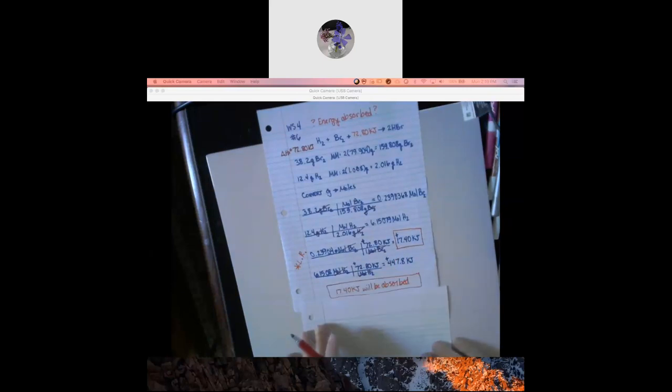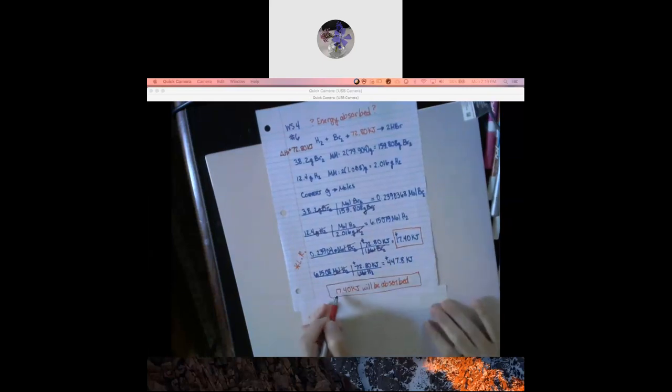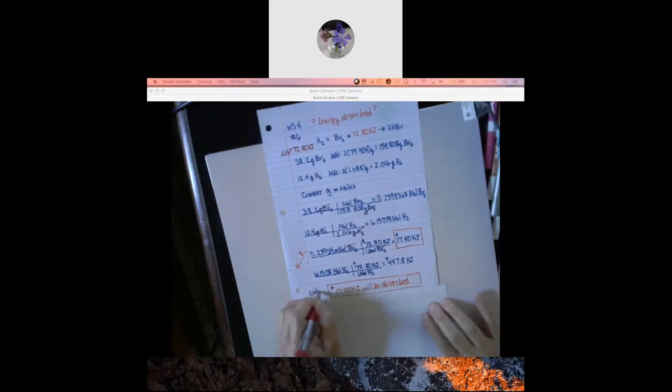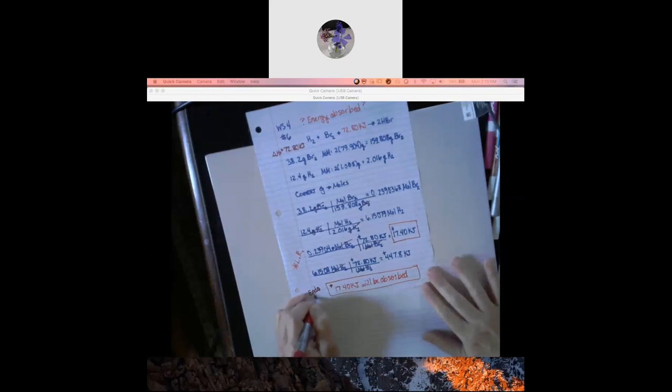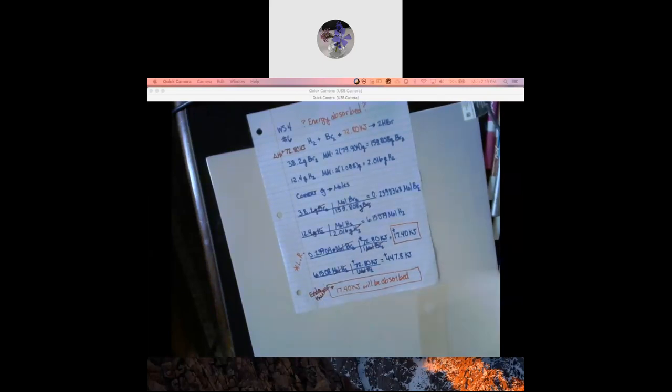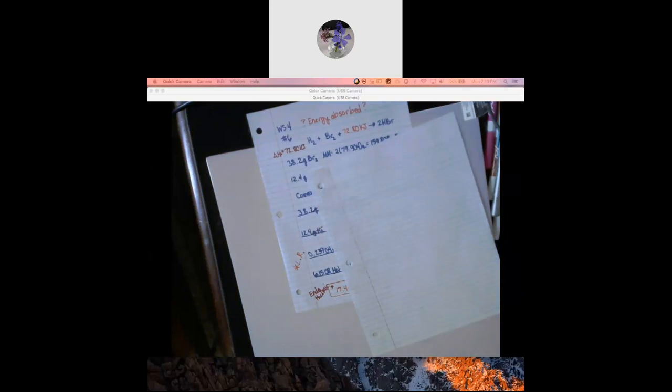And so therefore, the answer to this is that 17.40 kilojoules will be absorbed, and the sign on this should be a positive because that means that it's endothermic. And that's how you do the problems from worksheet number 4.